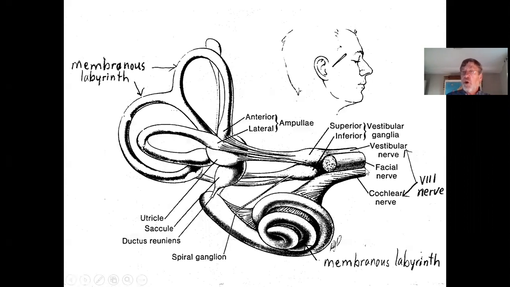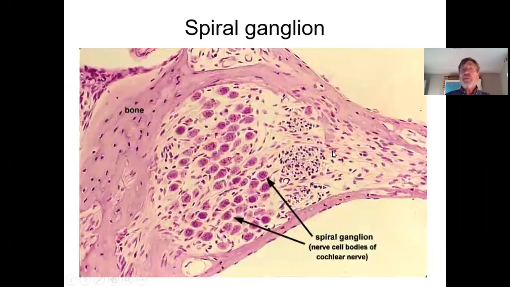They all go through a tunnel of bone right here to the brain stem, and it's called the internal auditory meatus. The external auditory meatus is your ear canal. The internal auditory meatus is the tunnel through bone through which your eighth nerve travels from the cochlea to the brain stem.